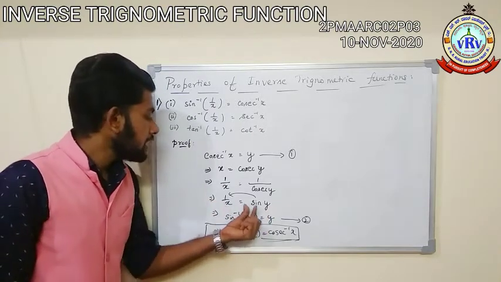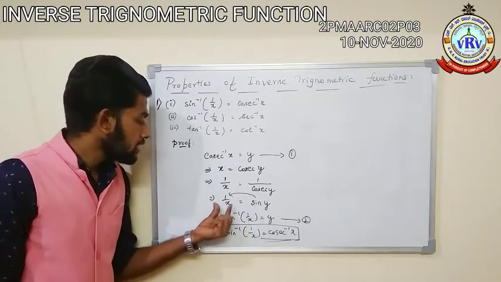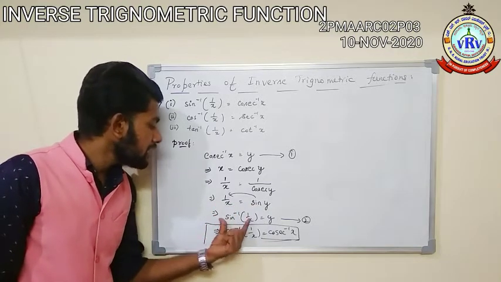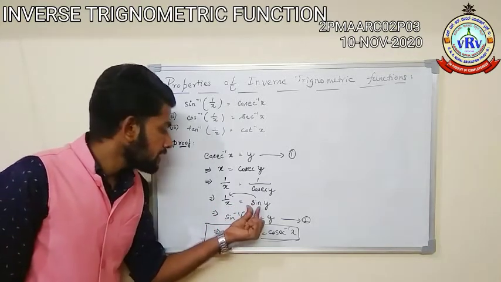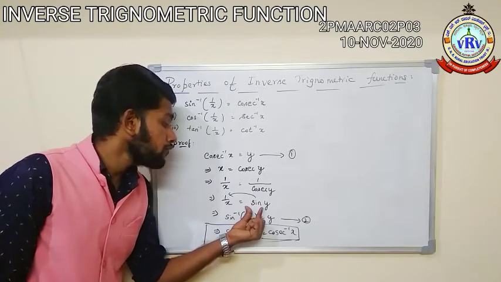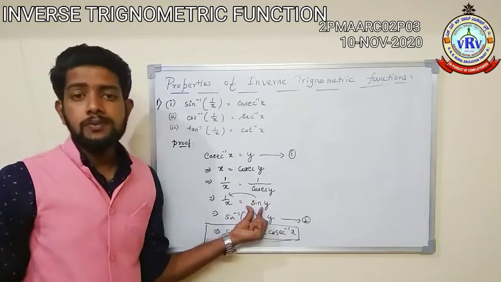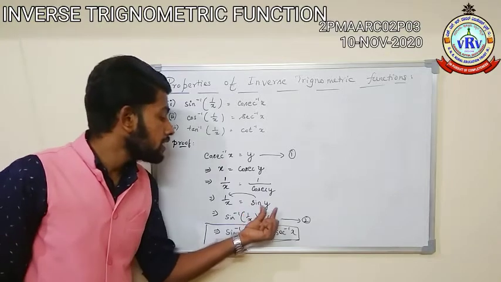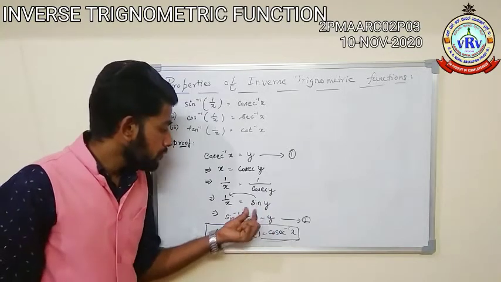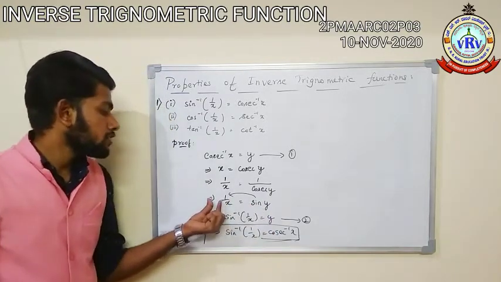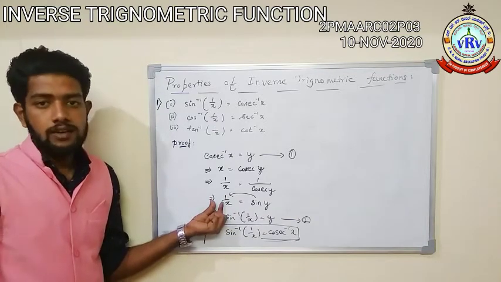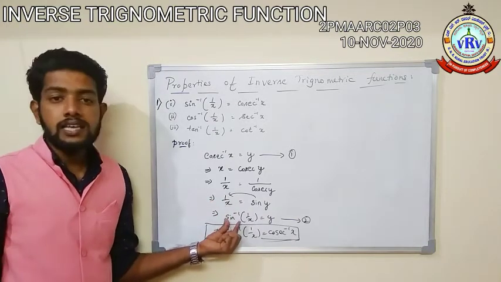If I apply sine inverse on both sides, in the left hand side becomes sine inverse of 1 by x. In the right hand side becomes sine inverse of sine of y, that is nothing but the identity function. It will give us y. Or simply, if we shift sine function to the other side of the variable, then it will become a sine inverse function.